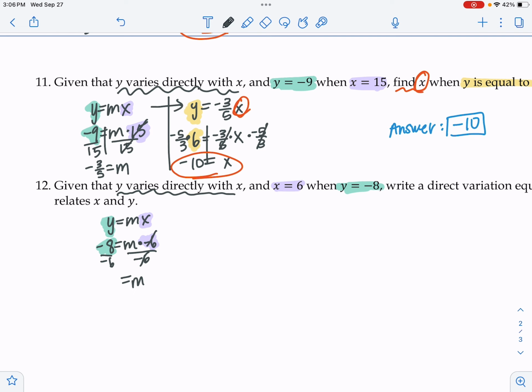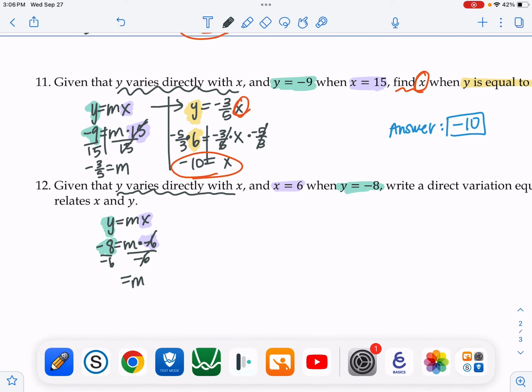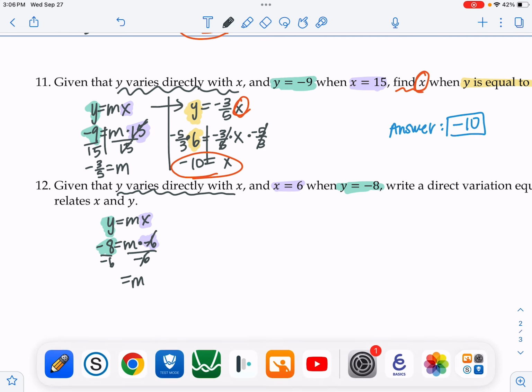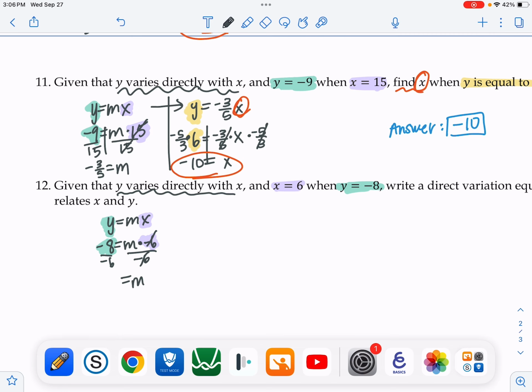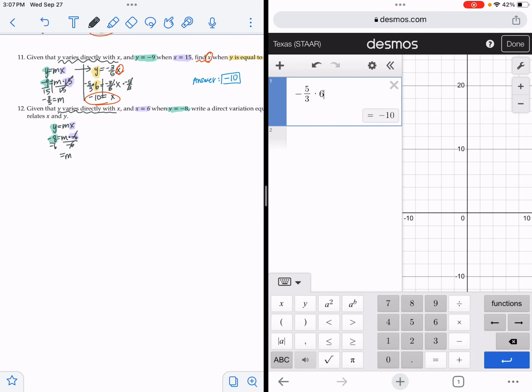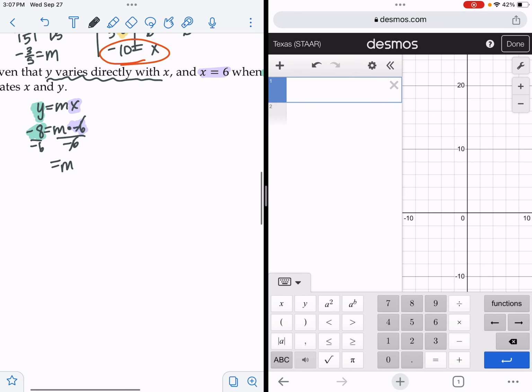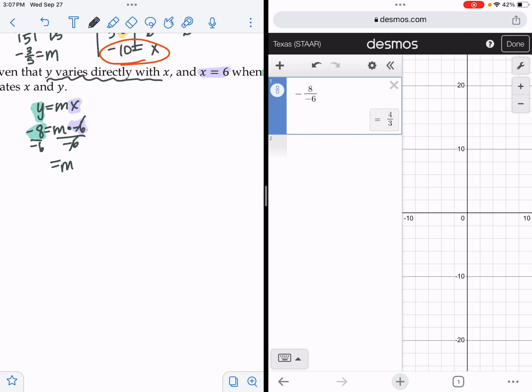So m equals, use the fraction 4/3. And so my equation is y equals 4/3 x.